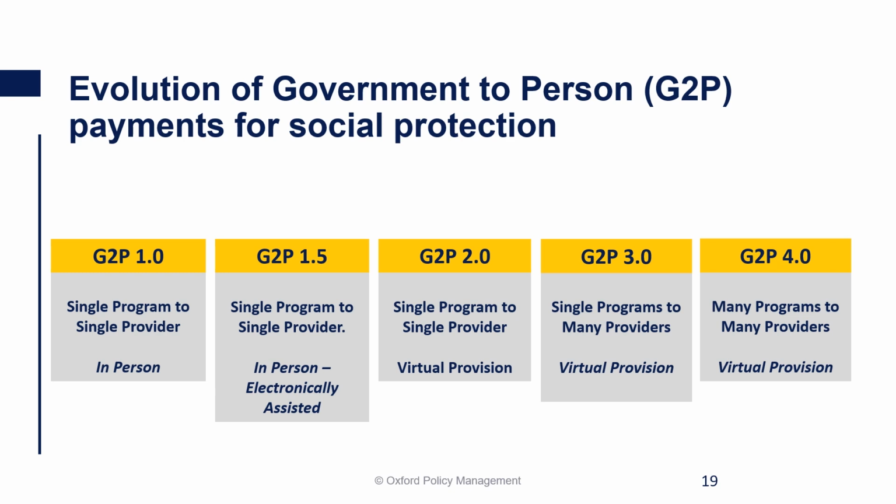However, for now, I will just briefly explain what exactly these different types of G2P refer to. So when we talk about G2P 1.0, G2P 1 refers to direct distribution of benefits from a single program to a single provider, where provision is in person.